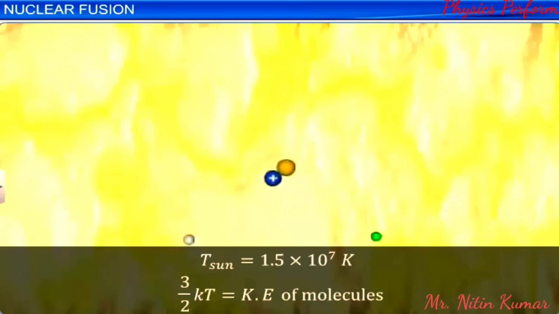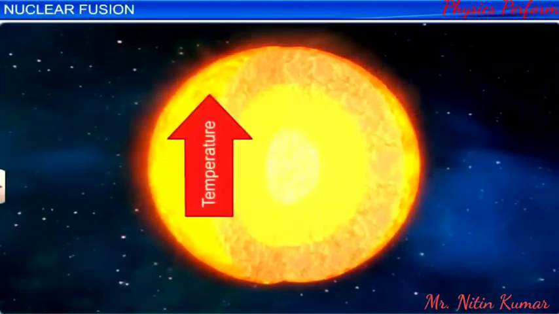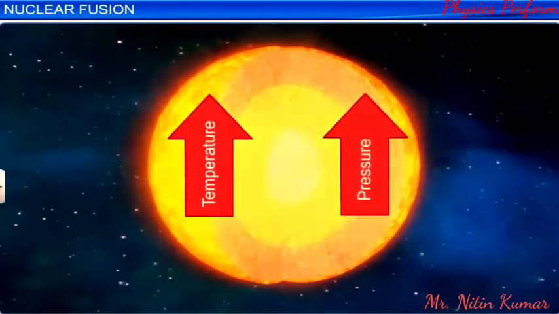But then, there are some nuclei which have kinetic energy more than the average values, and such nuclei overcome the Coulomb barrier. Therefore, we see that the Sun's core has extreme conditions of high temperature and high pressure to enable the nuclei to fuse together.